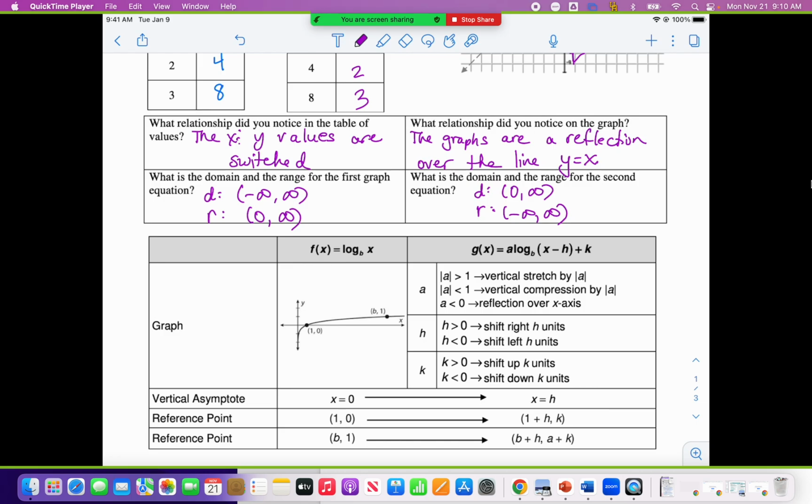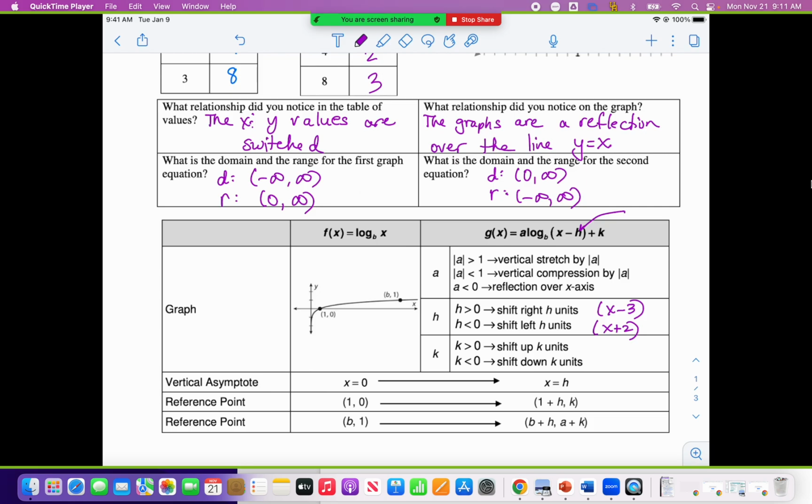If a is negative, it's a reflection over the x-axis. When h is positive in here, for example, if I have x minus 3, that's right 3. If I have x plus 2, that's left 2. When k is positive, it's up. When k is negative, it's down.